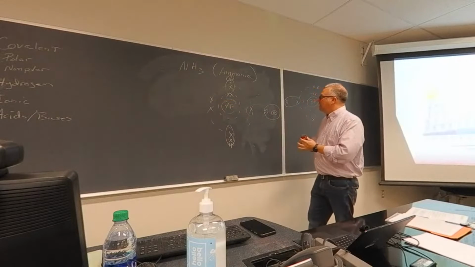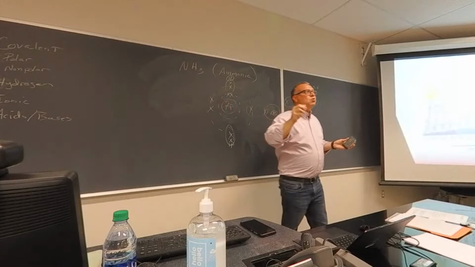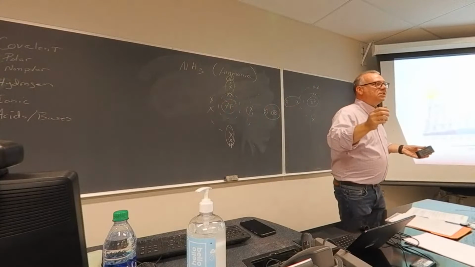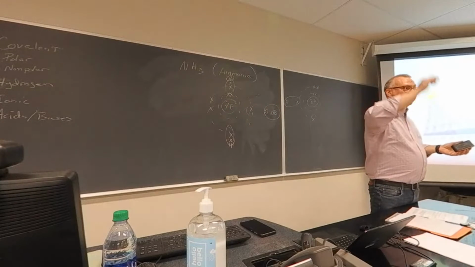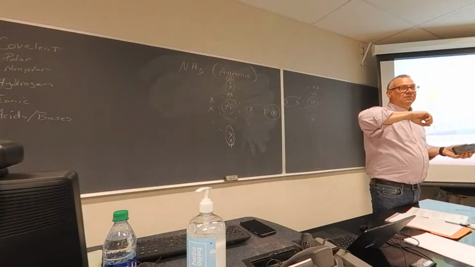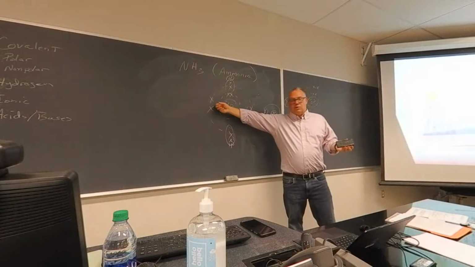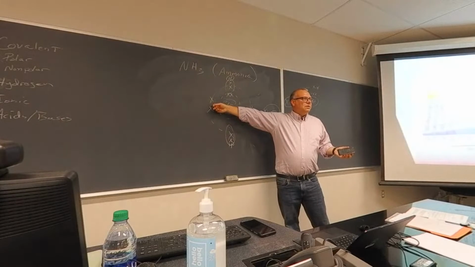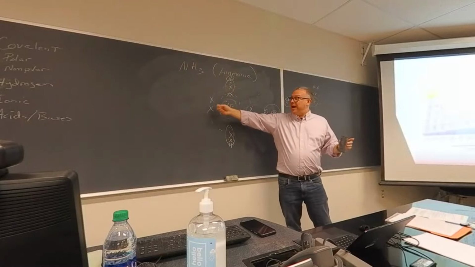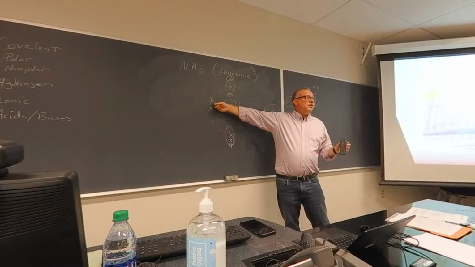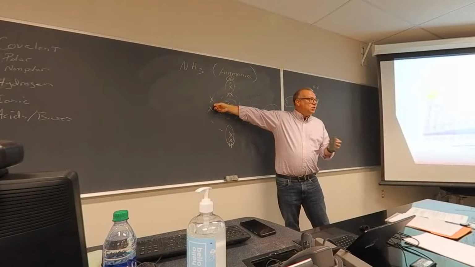You don't get to bond every electron in the shell. You have to stop at 8, which means sometimes you get these lone wolf pairs hanging out in the outermost shell, unbonded, and that has consequences, which we'll get to a little bit later on.